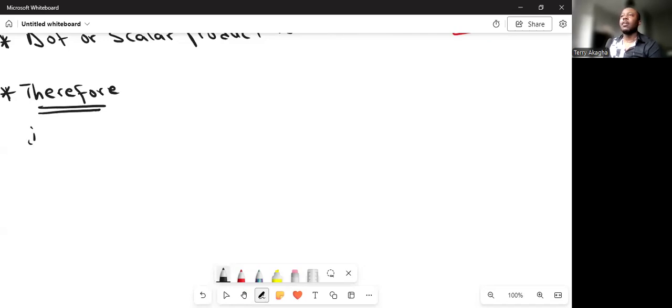First thing first is that if there is an angle between the two vectors and they are expressed in terms of the two components X and Y, or three components X, Y, Z, okay?